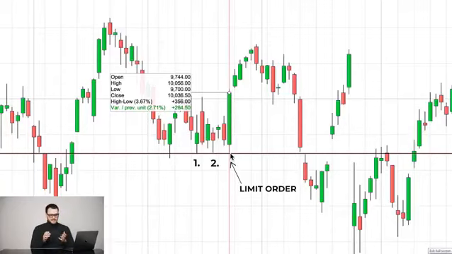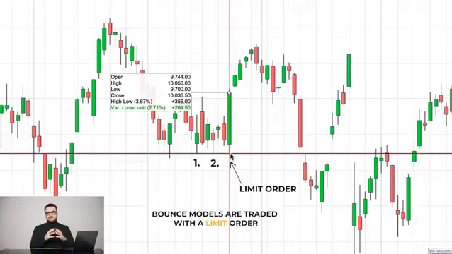So every other style, the true break and the false break, are going to be traded with the stop order. And this is the only style that is going to be traded with a limit order. So not a stop order, but the limit order. Just know that for the bounce, you'll be trading with a limit order.